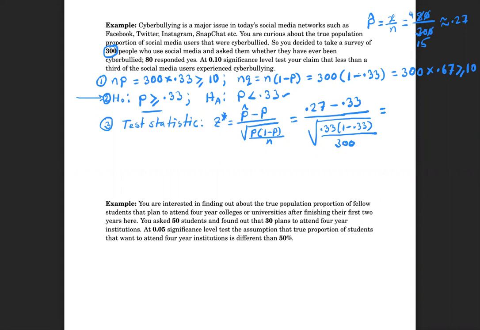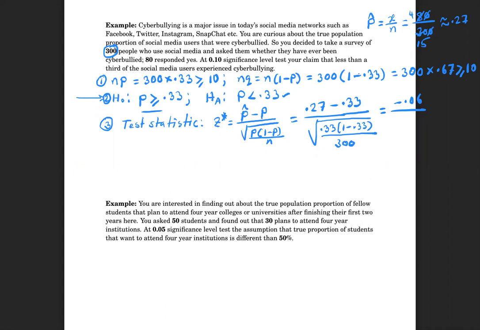Then you simplify it, and what do I get? 0.27 minus 0.33 is negative 0.06, divided by 0.33 times 0.67 divided by 300 to the power 0.5, that's 0.027.